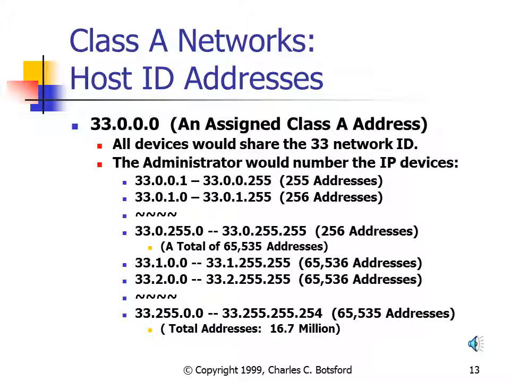Each time we incremented the second octet, that would give us another approximately 65,000 addresses. By the time we got done, we started at 33.0.0.1, and the last possible address would be 33.255.255.254, the 255 being thrown out because it's a broadcast. That would give us our 16.7 million addresses.